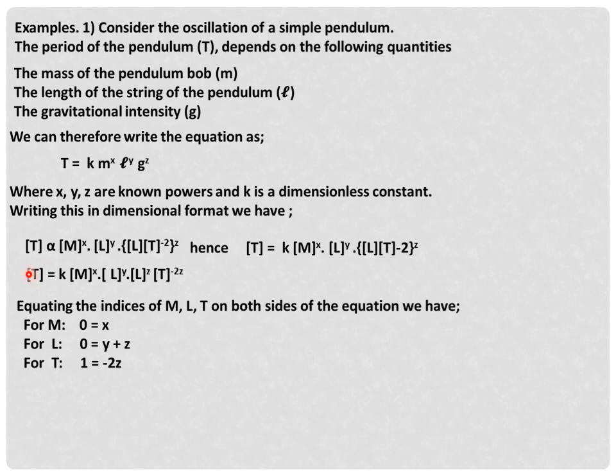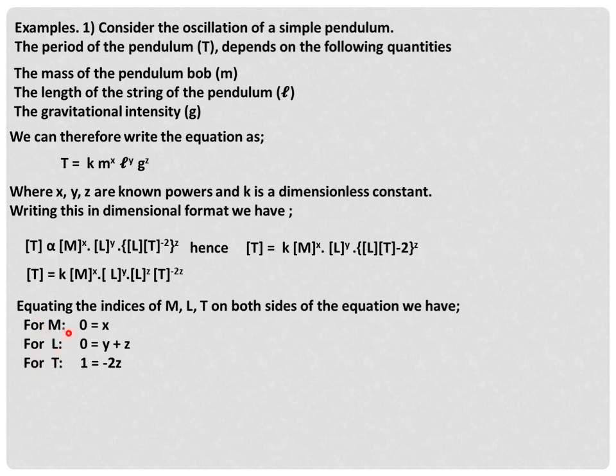If T is multiplied by 1, it remains T. And if the 1 is M raised to the power 0, it still remains 1, and it does not change the equation. So it tells us that the power of M on the left hand side is 0, and the power of M on the right hand side is X. So 0 is equal to X.